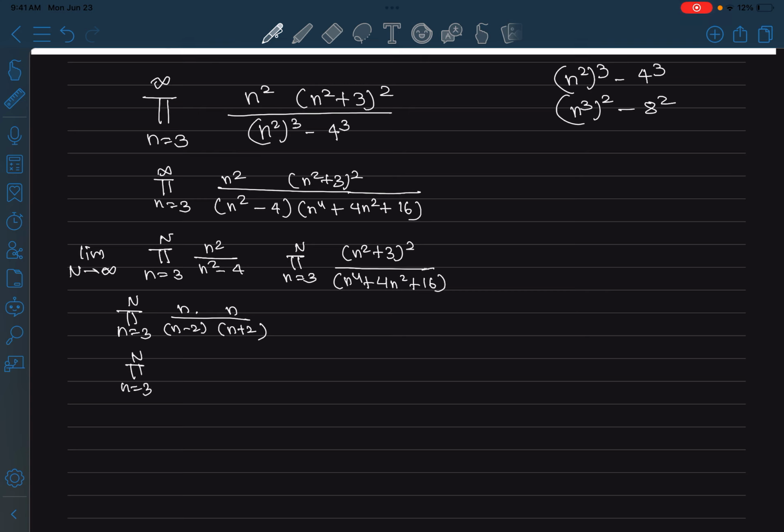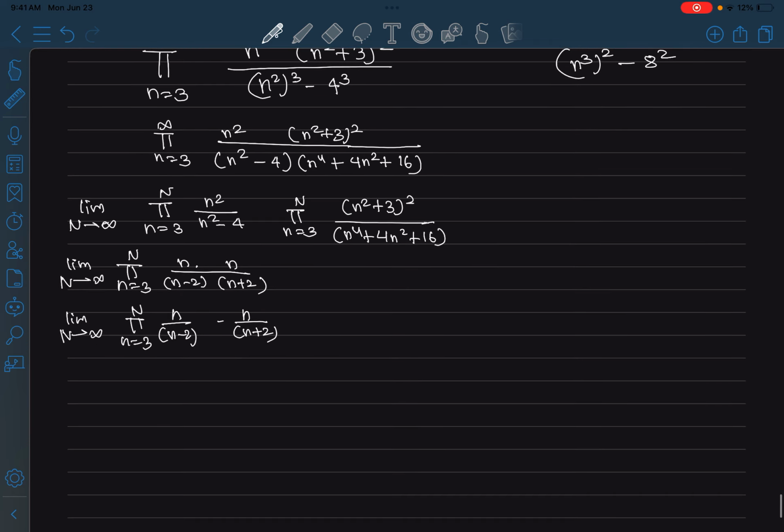This becomes n by n minus 2, then this is n by n plus 2. So now we can see them as two different products, each with the product from n equals 3 to N, where N is going to infinity.